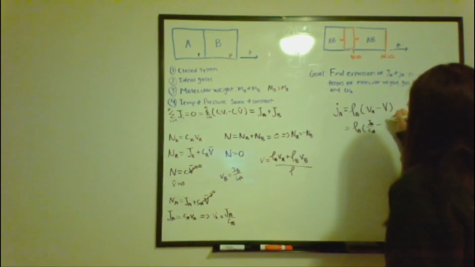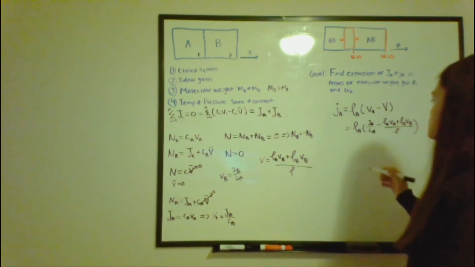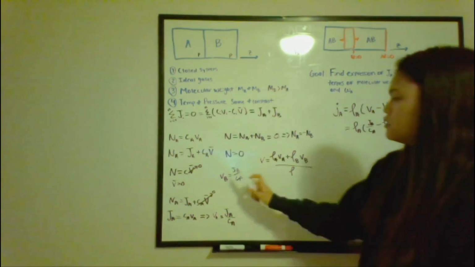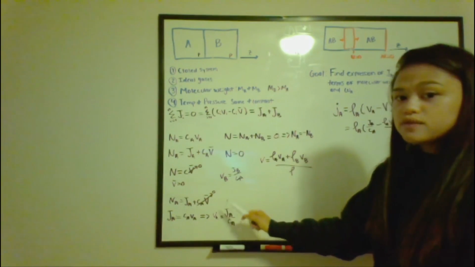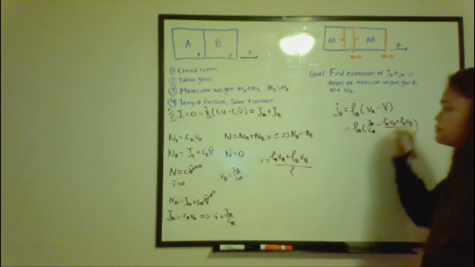So let's plug that in. Now we can distribute this, and I'm also going to plug in the average velocity for component A into this equation again for right here.